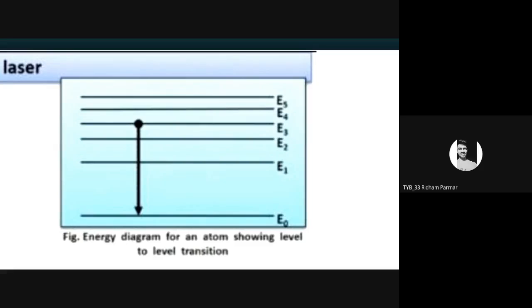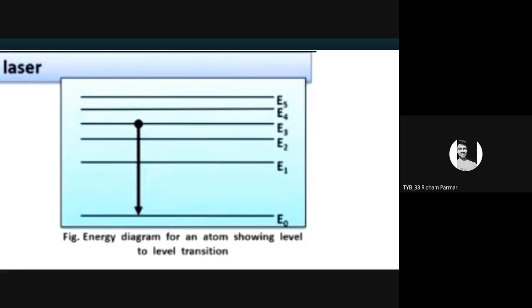So in that medium, the photon will contact with the other atom. This atom will also break down back and release once again a photon, again having the same characteristic, meaning the same wavelength, same phase, same direction, and the same energy. So it will also generate another photon having the same characteristic.